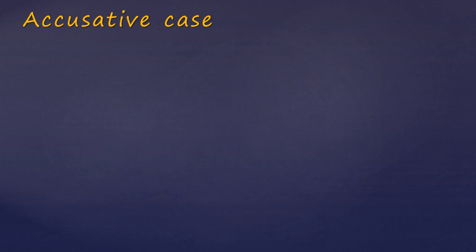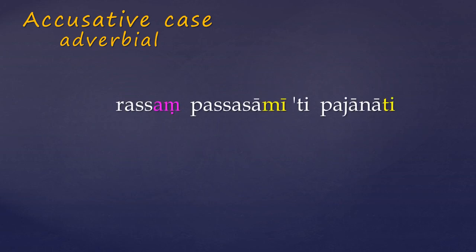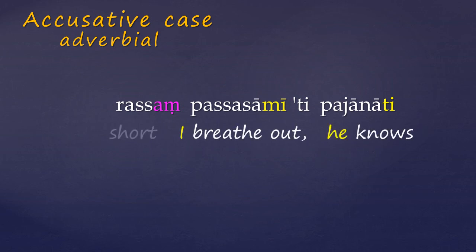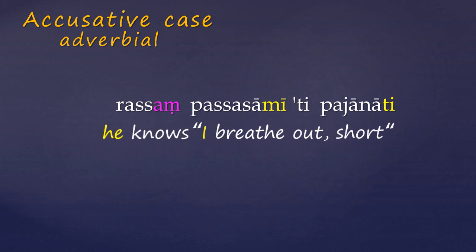And the accusative case is conspicuously adverbial, especially with neuter nouns. So if we look at this line from the Satipaṭṭhāna Sutta, he knows, I breathe out short. The word short here is not an object, but describes the manner of the breathing, and is therefore an adverb.